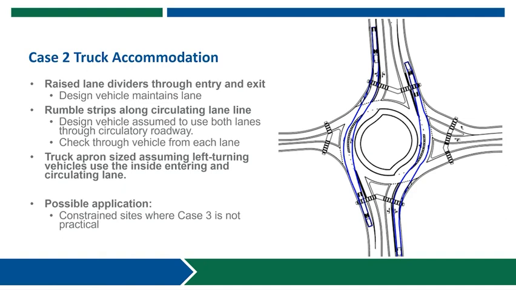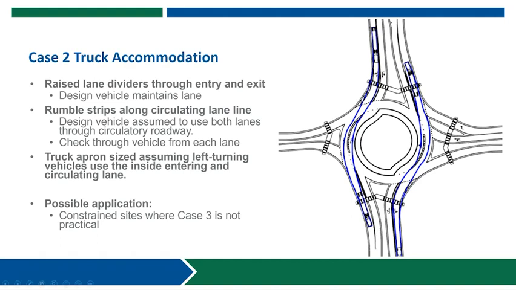So unlike case one designs, we are not utilizing both lanes through the entry and exit. We need to make sure that we're applying appropriate clearances between the truck tires and the curb lines on both sides. And we'll need to check the paths for the through vehicles in each lane individually so that we're making sure that we're providing those clearances from each lane.